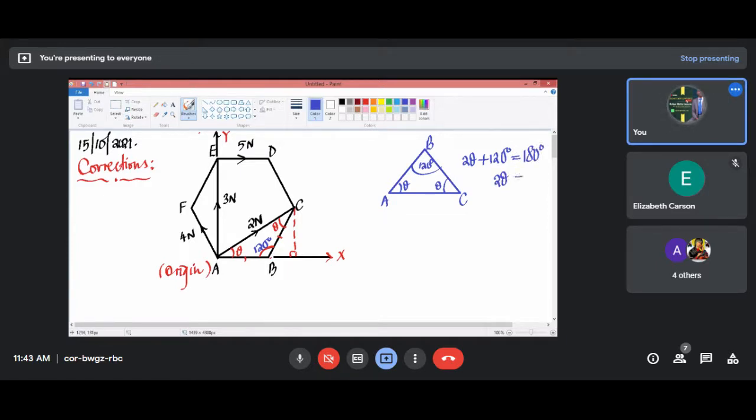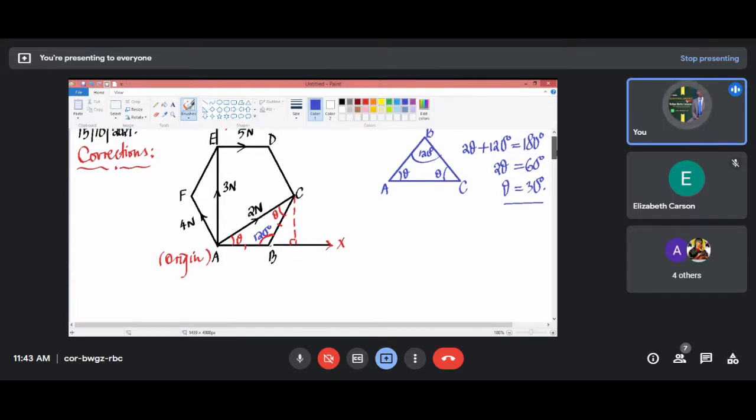So 2 theta is 60, meaning that angle to the horizontal is 30. The force makes 30 degrees with the horizontal. So I think we are now good to go. That force acting along SC changed the usual regular hexagon action, so it's what you had to look at keenly.